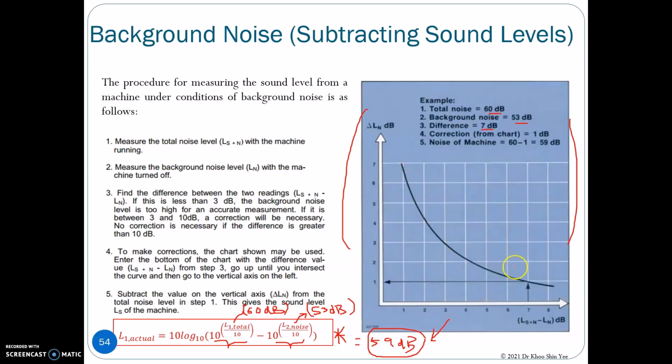From the chart here, based on the 7 dB, we have 1 as the correction. Therefore, we need to correct the total noise by subtracting the correction value from 60 dB. By doing that, you obtain the final result of 59 dB, and this is the noise of the machine. Both methods give you the same result.